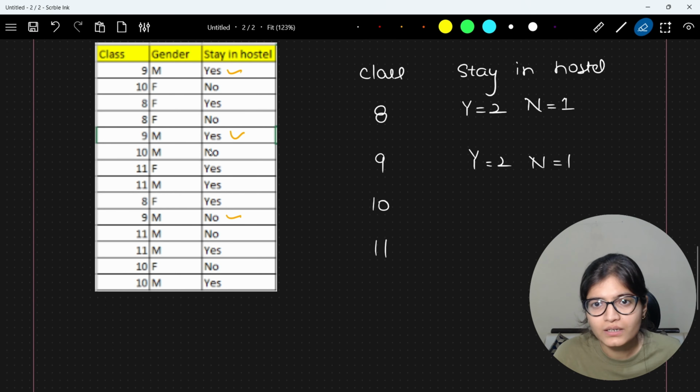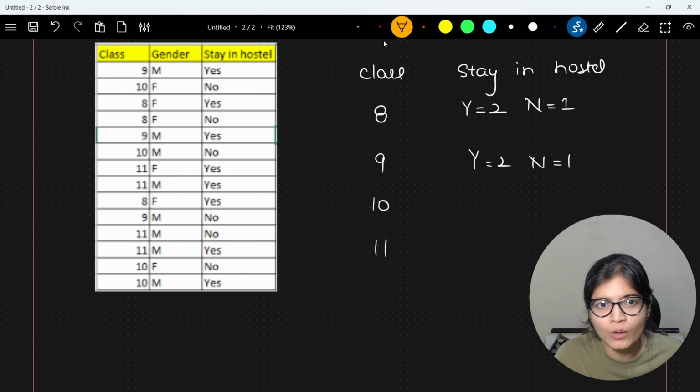Similarly for class 10, if you observe, there are 2 no's and 1 yes.